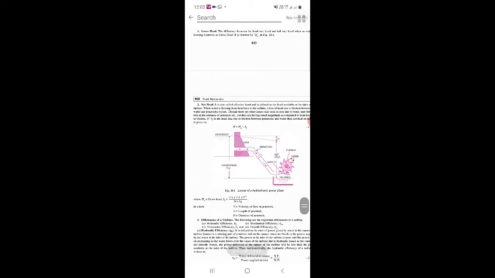So this is the layout of a hydroelectric plant. What is a turbine? This is the general layout of a turbine.